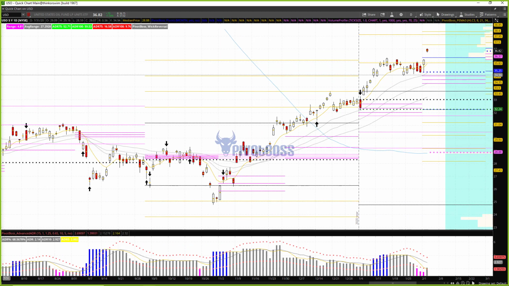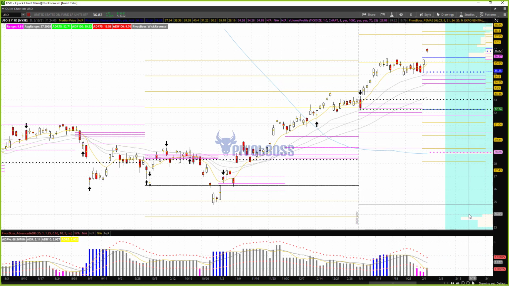This is one right here that you could use, USO. You can see the compression right here. There it is quantified, and it looks like a 3.6 point move could be ahead, somewhere between 3 and 4 points of range, and we're starting to see that move materialize. So this is another potential instrument that you can use for that idea.